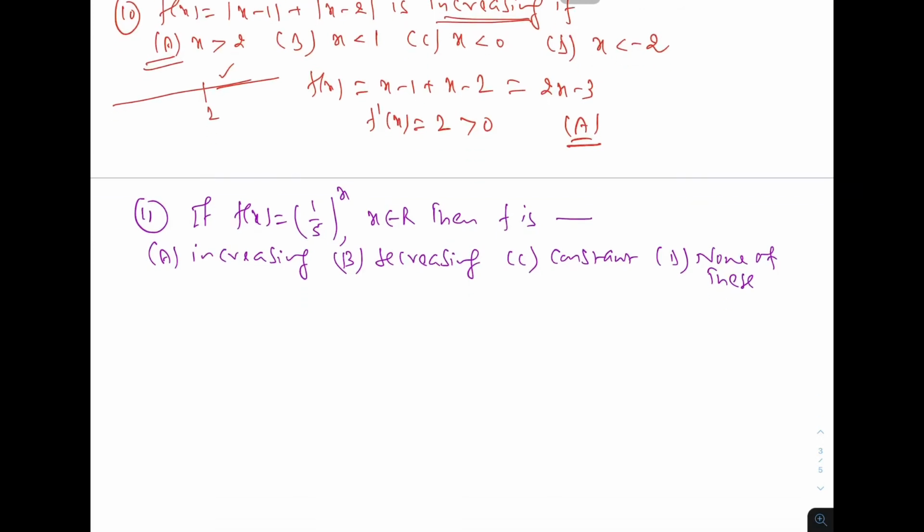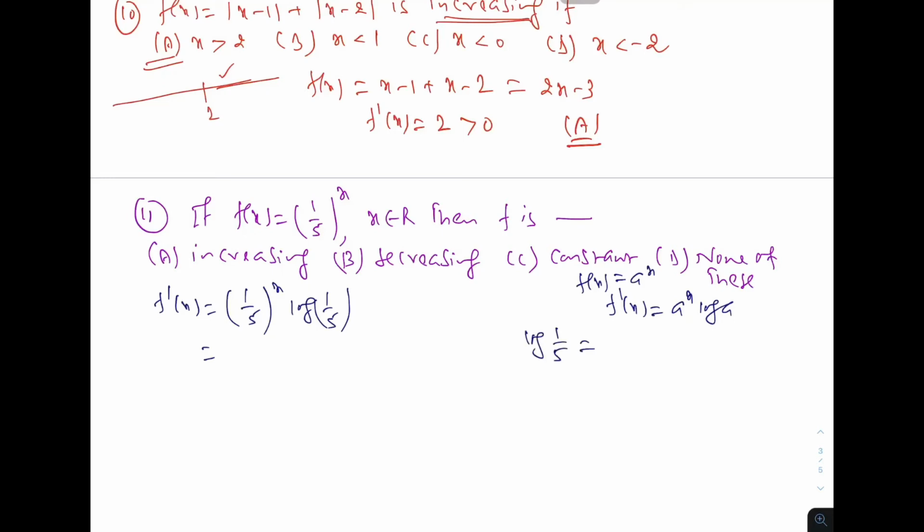So here the derivative f dash x: if our f x is equal to a power x, then f dash x is a power x log a. So 1 by 5 power x log 1 by 5, but log 1 by 5 can be written as log 1 minus log 5, so that is minus log 5.